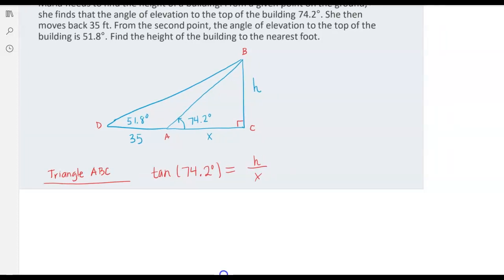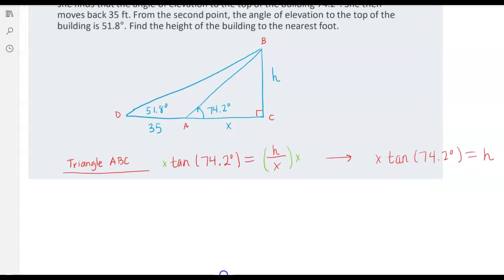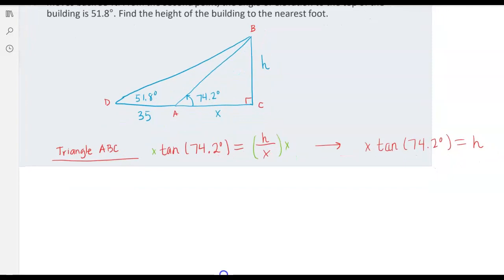So I'll multiply both sides by x to clear that fraction. And that gives me x times the tangent of 74.2 degrees is equal to h. Okay, I've still got two variables, but I think the second triangle might help me contend with that.